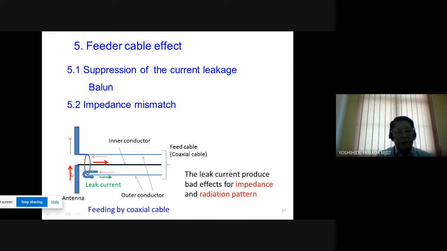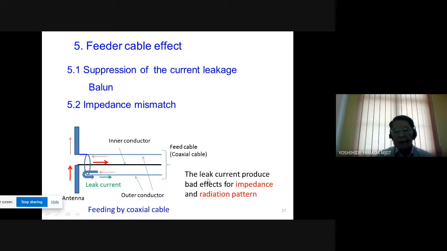So the current is not the same as on this side antenna and the outer conductor side. This current mismatch appears. Some part of the outer conductor current flows out, and this is called leak current.